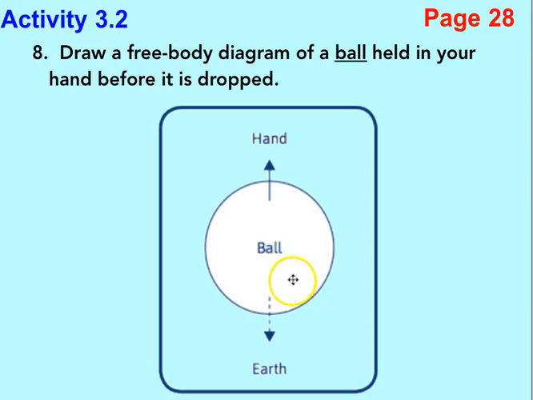The earth pulling down on the ball affects its motion, and the ball being pulled up by the hand affects the motion, but the motion of the ball is not impacted by it pulling down on the hand. So we're freeing it of all outside forces. We're only going to look at the forces being applied to an object.